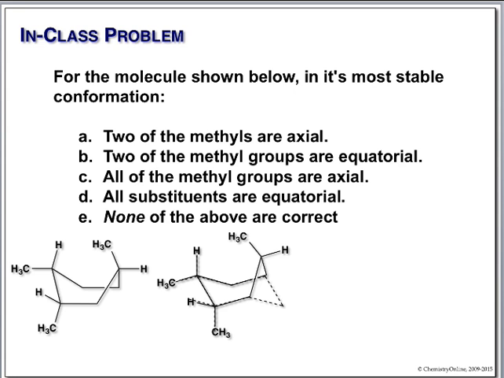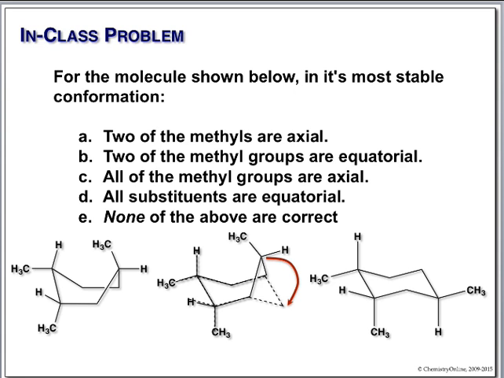In order to complete the process, we want to grab this, pull it down to this position, and when we do that, hydrogen is above, methyl is above hydrogen, methyl is above hydrogen. Now we look to see if we've done this right. We have one axial and two equatorial substituents. So this is going to win as the most stable conformation, right?